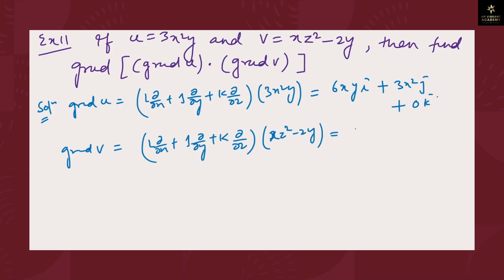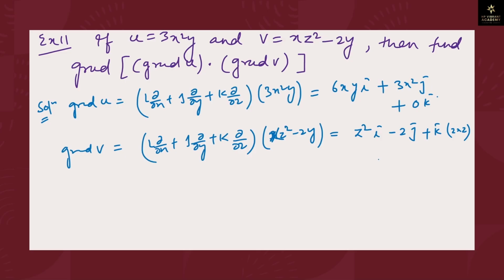So this is equal to z square i cap minus 2 j cap plus del upon del z of this one, so this is plus k cap, 2xz. Okay, this is gradient of v. So gradient of v is z square i cap minus 2 j cap plus 2xz k cap.